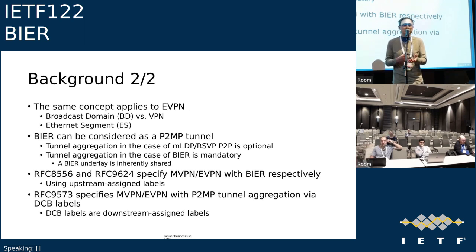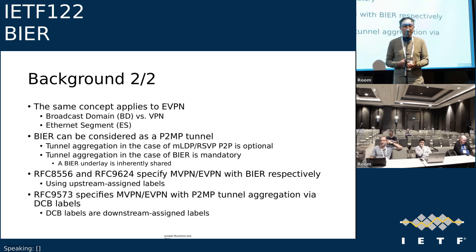If we are only talking about MLDP P2MP tunnels, then the use of tunnel aggregation is optional, and so far it's not widely used. But when you use BIER, then tunnel aggregation is mandatory, because the BIER underlay is inherently shared for all the VPNs or the PMSIs.